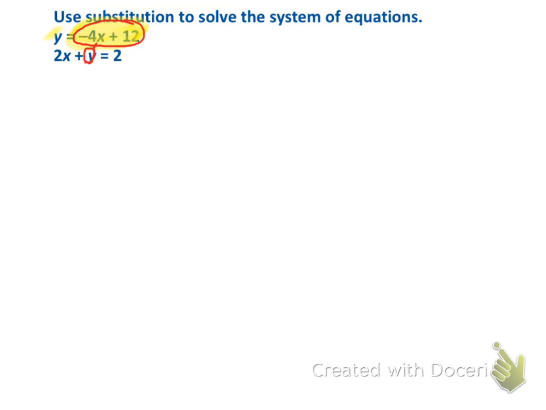Okay, so that means I'm going to have 2x plus, what is y? It's all of this, negative 4x plus 12, and then continuing this equation equals 2. So I've used the first equation and plugged in what y was equal to in the second equation.